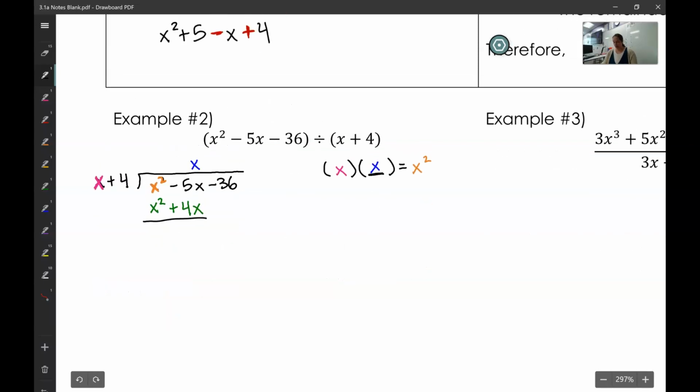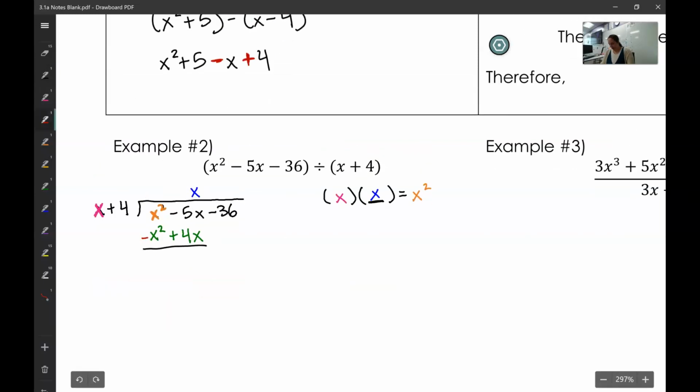Well, same thing down here. If I'm subtracting, I can't just subtract the first one. I need to distribute that negative to everything. Shortcut way to remember this is change all the signs.